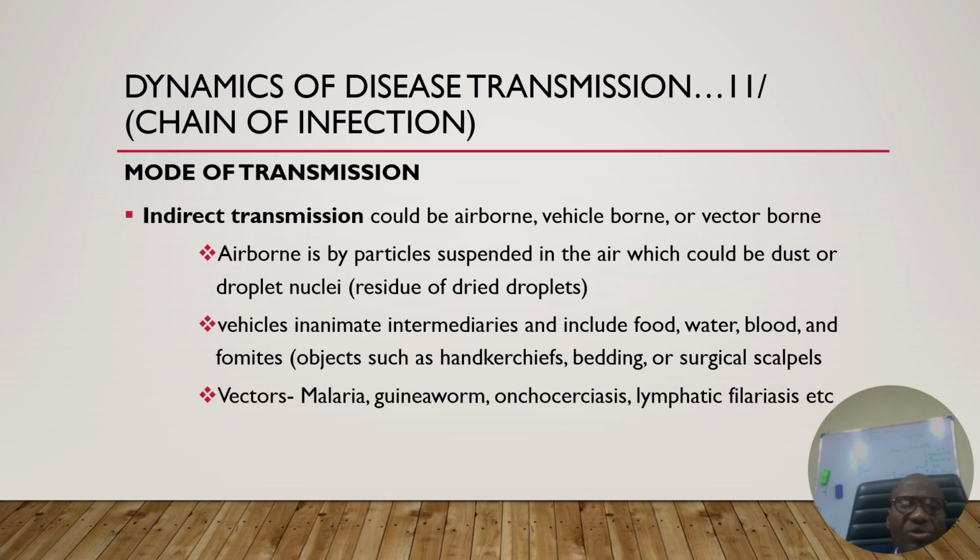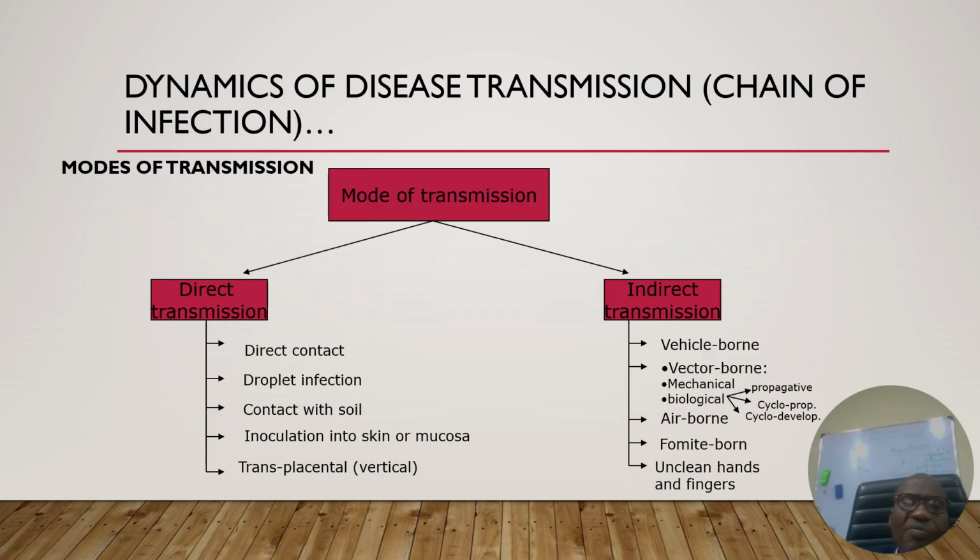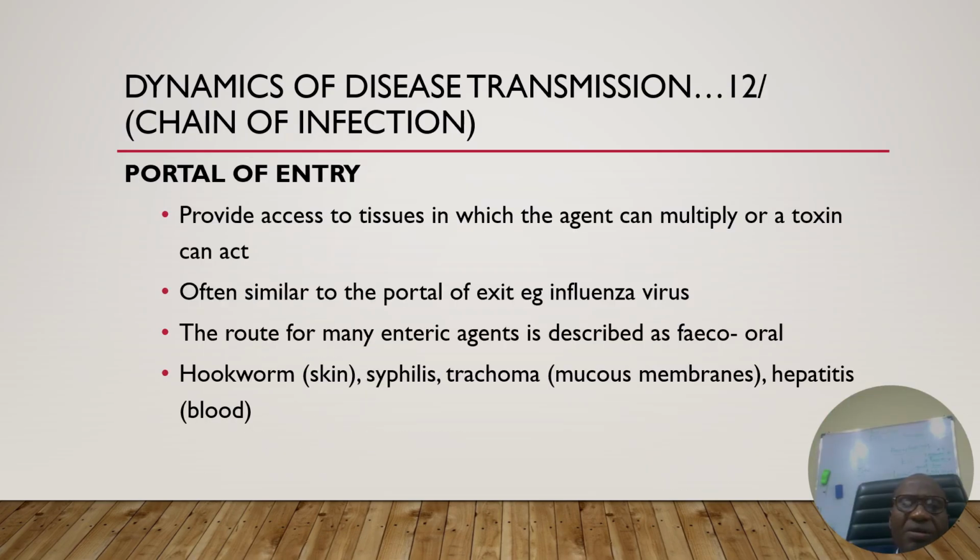Vectors also carry diseases such as malaria. Mosquitoes are the vector for malaria, for example, and the blackfly is the vector for onchocerciasis. Modes of transmission, as we said, can be direct or indirect. This is typified like this.